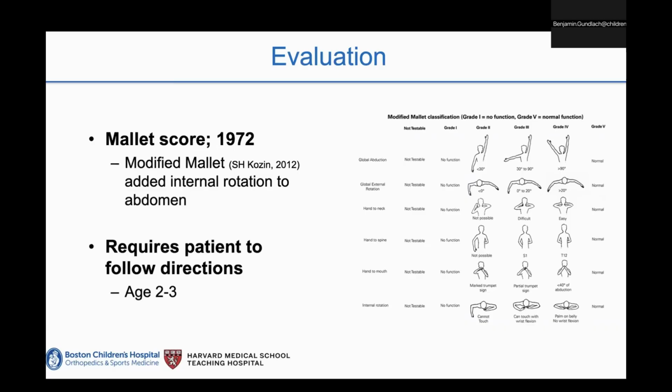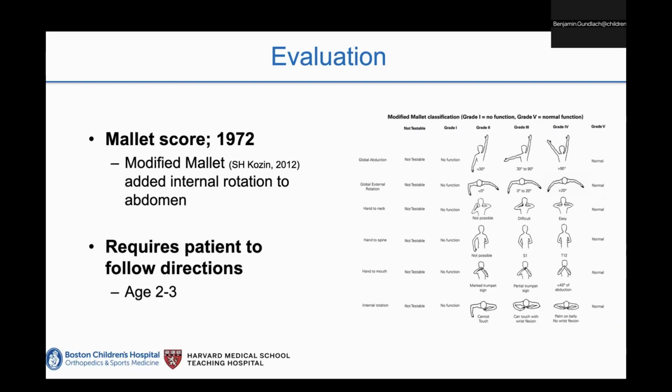Another important evaluative tool is the Mallet score, which looks to categorize shoulder function in the brachial plexus birth injury patient. The Mallet score was originally proposed in 1972 and was further modified in 2012 to add internal rotation to the abdomen.